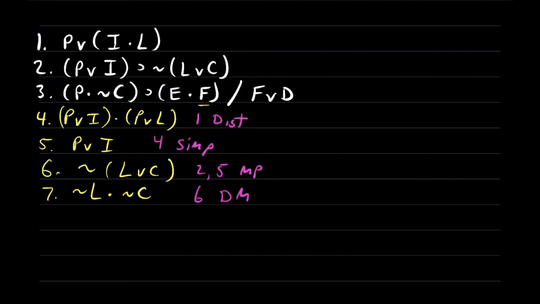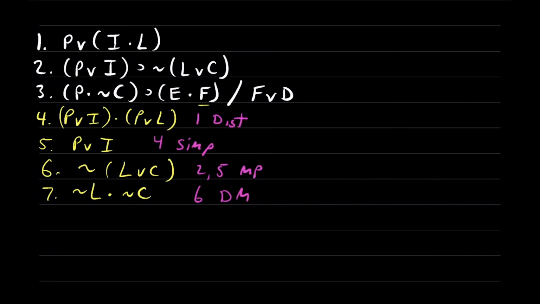Well, we have not C. We just need to figure out how to get not P now. Let's see what we can do. The thing I notice is that on line 4, we have P or I and P or L. We've already simplified to get P or I. Let's simplify to get P or L on its own line and see if that's helpful.